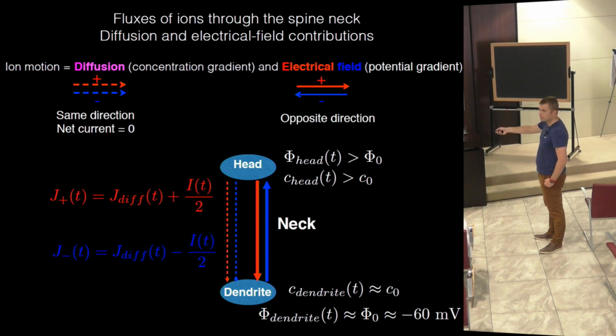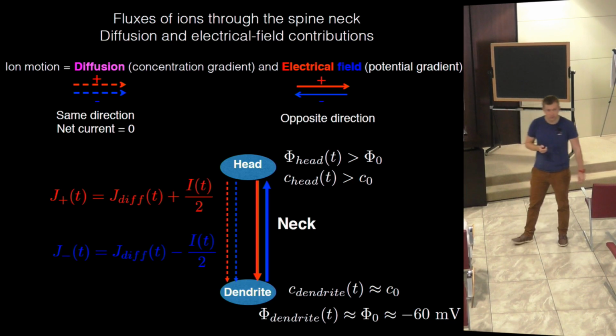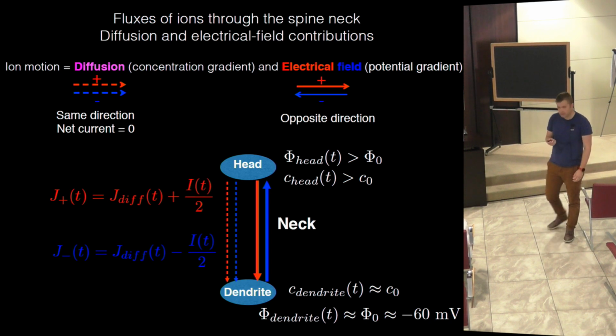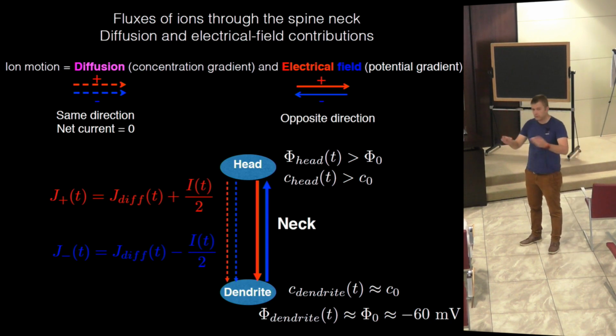But it took me some time to understand that when you have an electrical potential that increases in the head, it's going to push the positive charge from the head to the dendrite, from high potential to low potential, but it's going to attract negative charge.